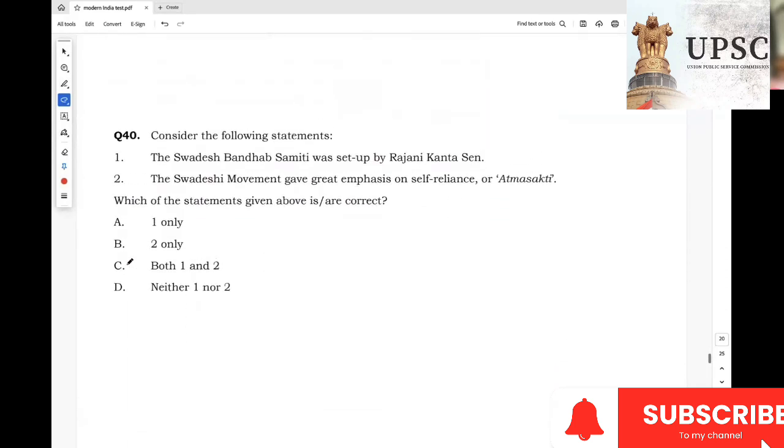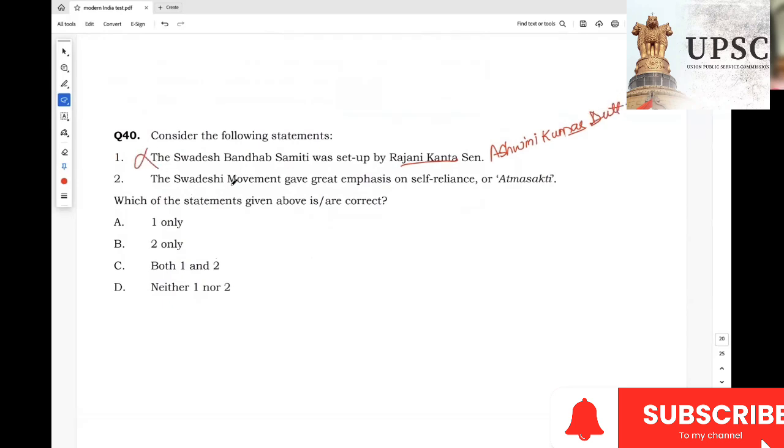Moving to the next one. Swadesh Bandhav Samiti was set up by Rajnikant? No, not Rajnikant, not Bahubali. It was created by Ashwini Kumar Dutt, A.K. Dutt.